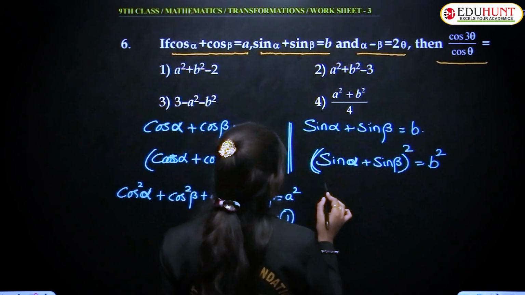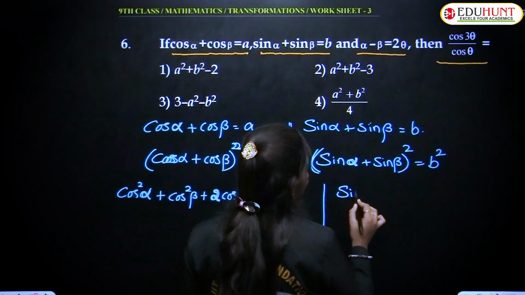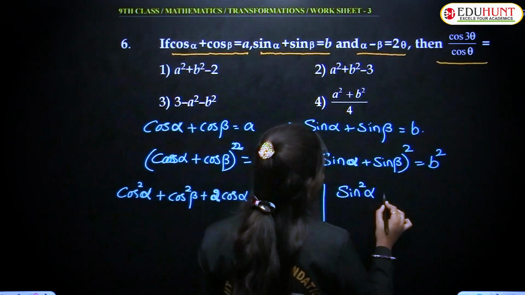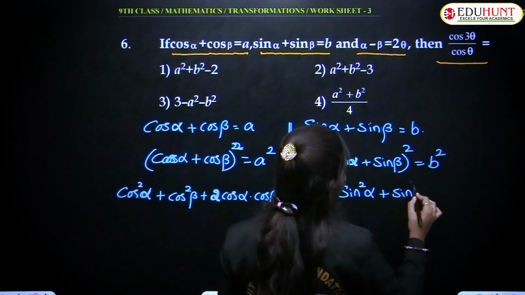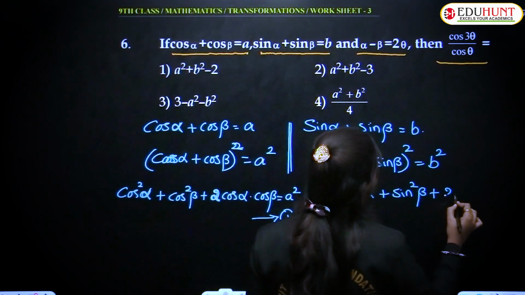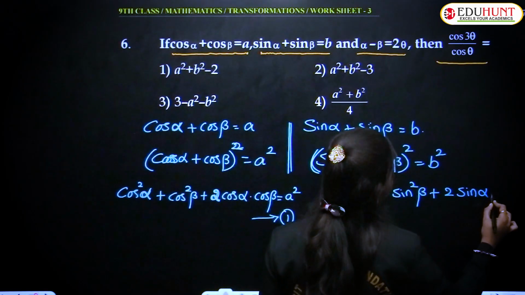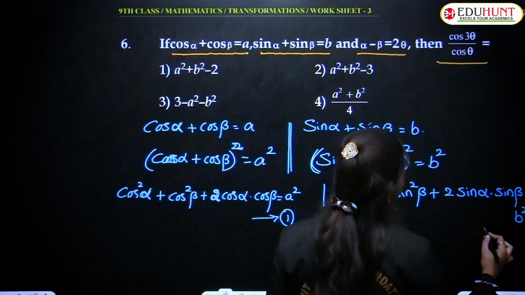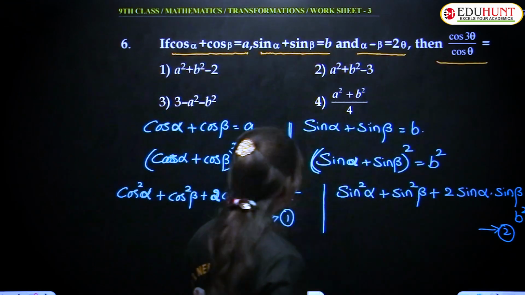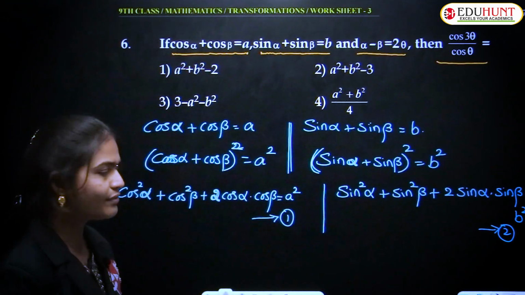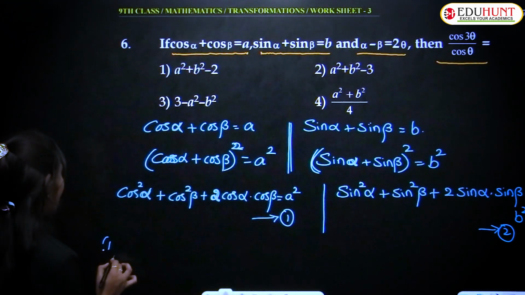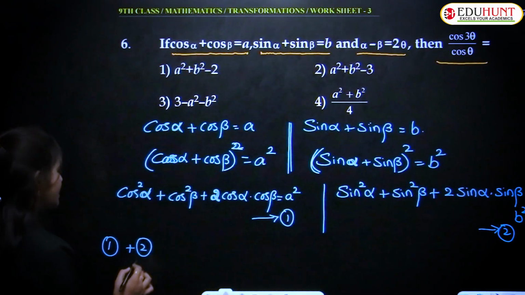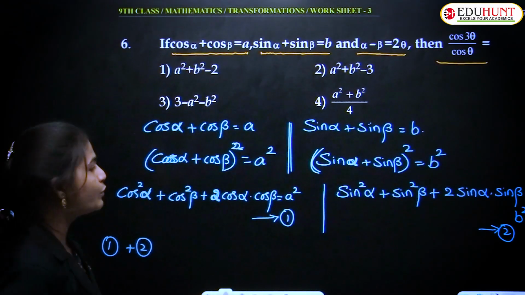Next come to this one. Here a square means sin square alpha, plus b square, sin square beta, plus 2 sin alpha into sin beta, which is equal to B square. So this is equation number 2. Here we got the 2 equations, no? So add equations 1 and 2.